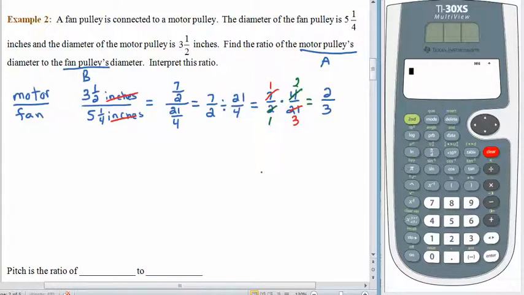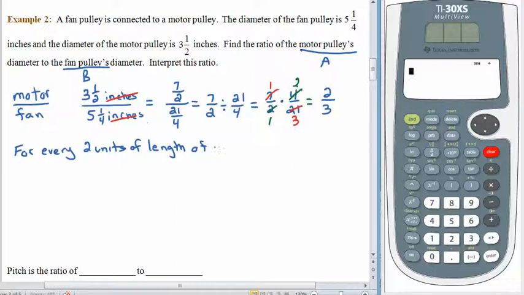All right, so let's see what this says. What is this really telling us? The motor is like 2 units, the fan is like 3 units. So let's try this here. For every, to what? Do we have to keep inches? Absolutely not. Any unit of length will work. So let's just write that generically. For every 2 units of length of, what was the numerator?